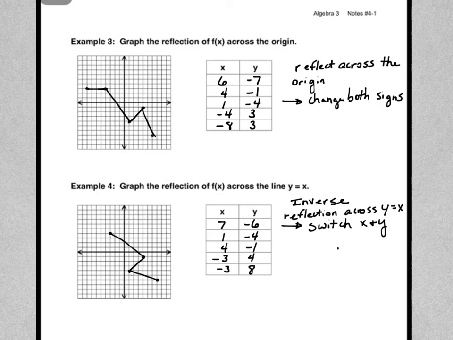And then negative 3, 8. All right, and that's what the graph of a reflection over y equals x would look like, which again is the inverse. Okay, so that ends 4.1. The next thing you need to do is look at 4.2 and then work on your homework.